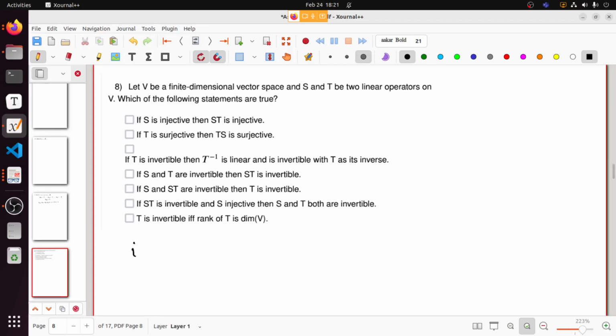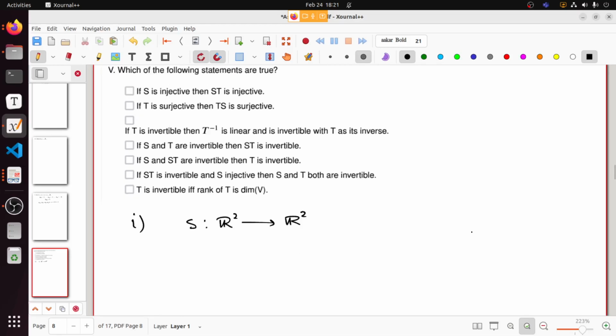So first option, S is injective. Let's take S from R2 to R2. Because these are linear operators, it's enough to define on the basis, right? E1 is 1 0 and E2 is 0 1, the standard basis vectors for R2.